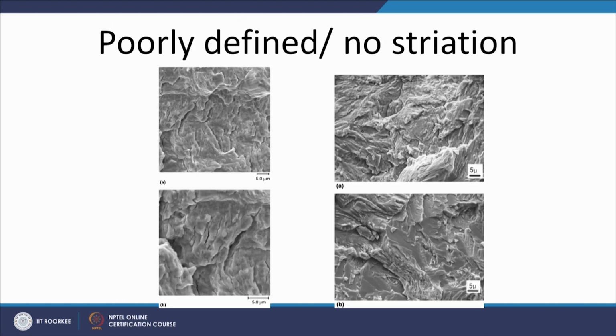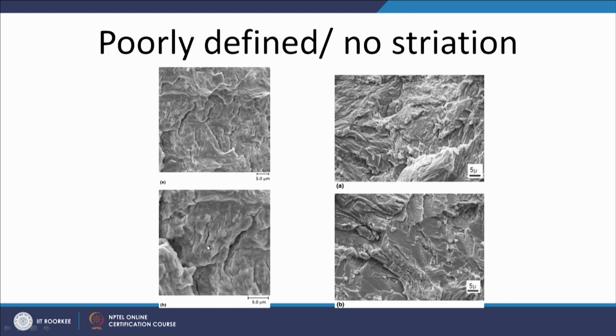It is also possible that we may not be able to identify where striations are present on the fracture surface. It requires a lot of effort using the scanning electron microscope to establish the presence of such striations. Sometimes it also becomes difficult to locate where they are present. So, these are examples of poorly defined or no striation cases even under fatigue conditions.